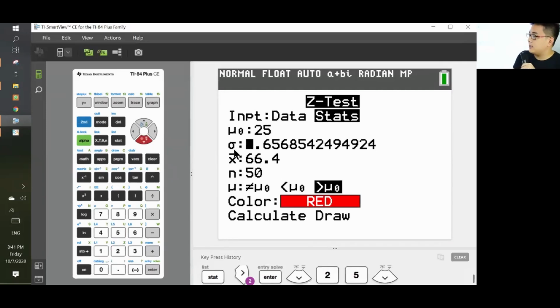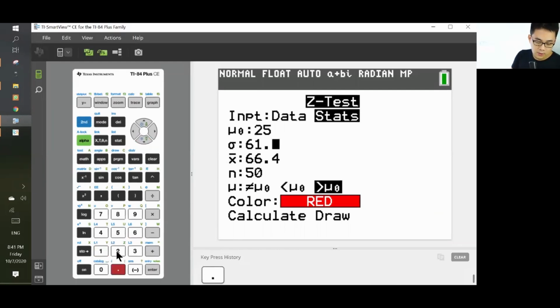You don't have the true sigma, so you just use the unbiased estimate, 61.288. Make sure you square root it.